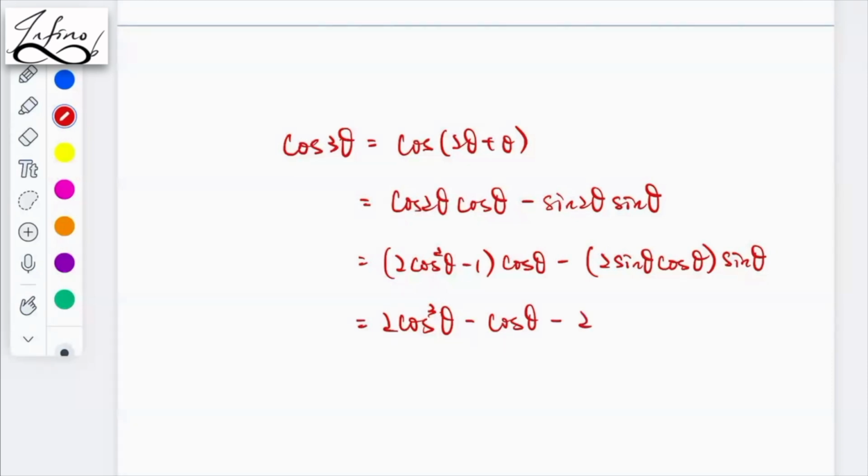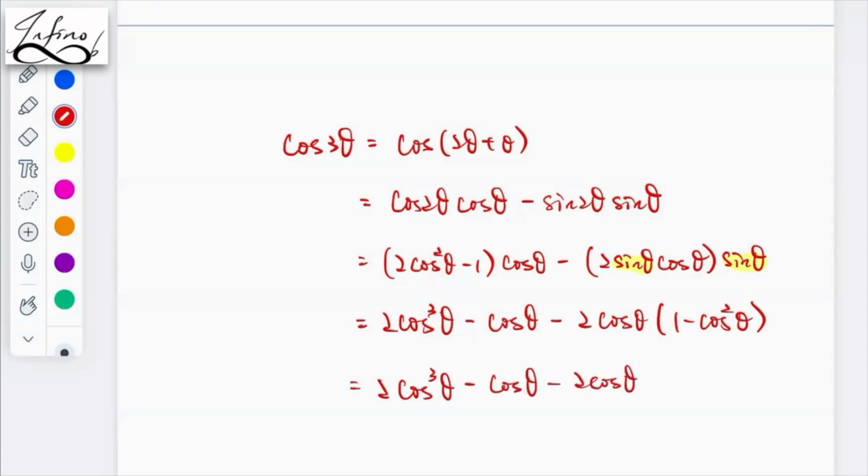If I expand it, this will be 2 cosine cube theta minus cosine theta minus 2 sine square theta cosine theta. Sine square, I can further change to 1 minus cosine square. Then I get 2 cosine cube theta minus cosine theta minus 2 cosine theta, negative, negative, positive 2 cosine cube theta.